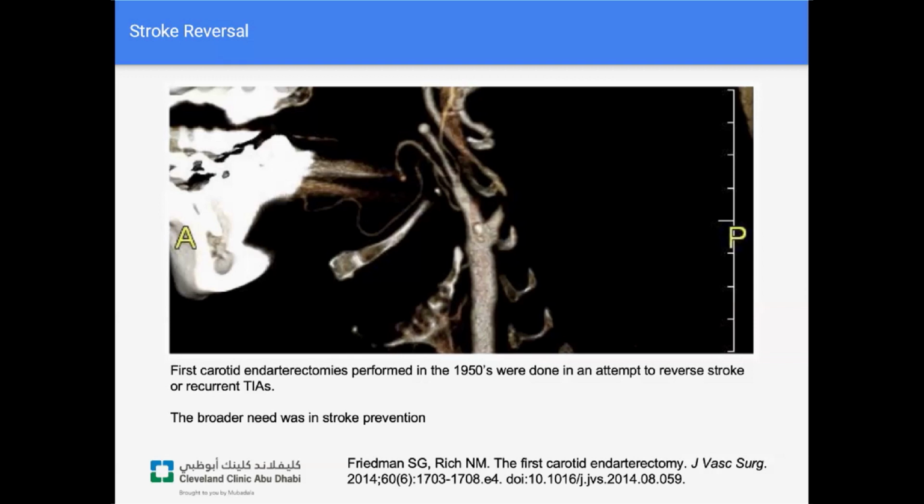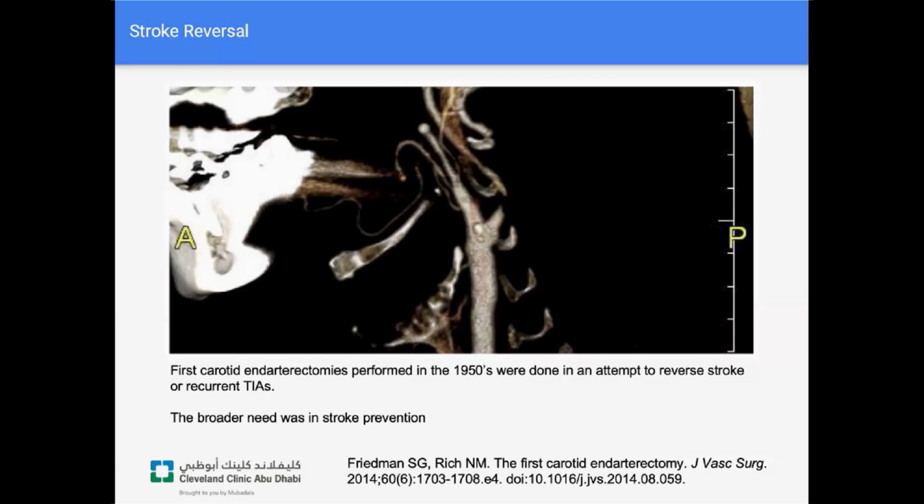As I was examining her, she became densely aphasic and hemiplegic, and the stroke neurologist was right in front of me. She was in the ICU, and we were able to call over the anesthesiologist and pretty rapidly make the decision to take her to the operating room for an emergent carotid endarterectomy. The discussion primarily was to try to reverse this because the patient faced a grim future if she was so densely hemiplegic and aphasic.